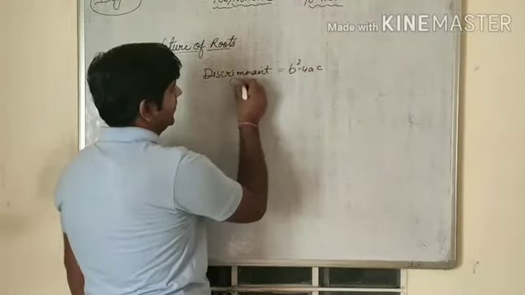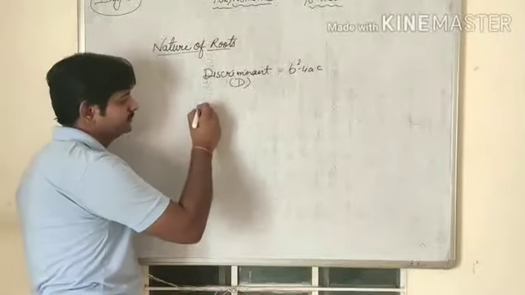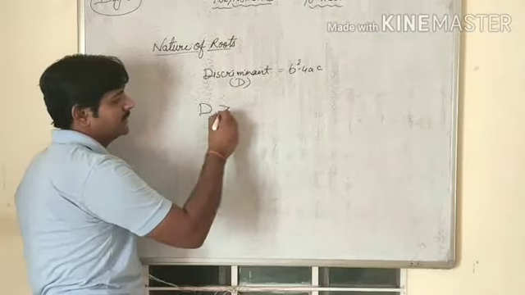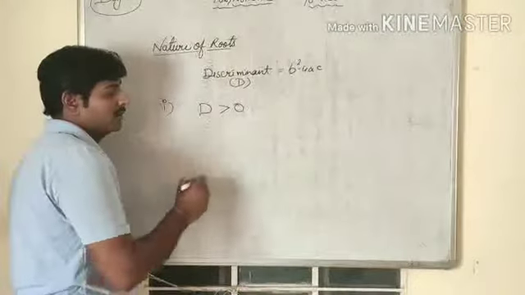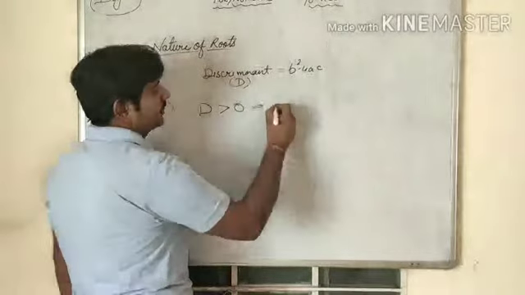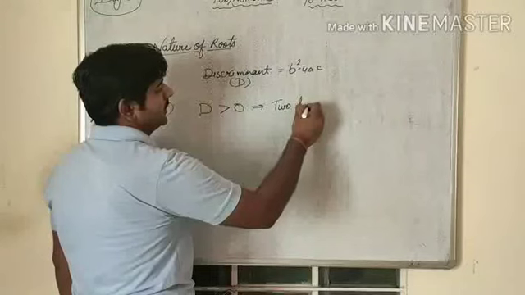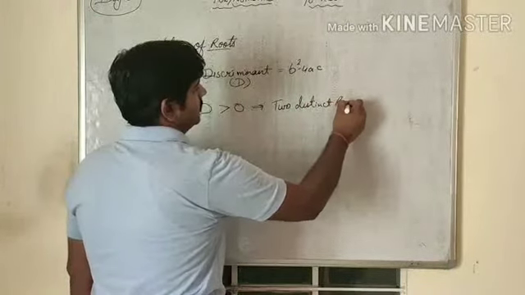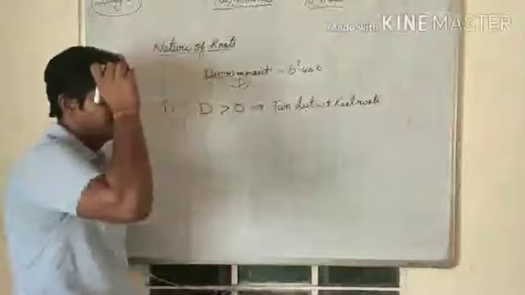This is denoted by capital D. If D is greater than 0, this is the first condition, so in this situation we get two distinct real roots. Distinct means different.